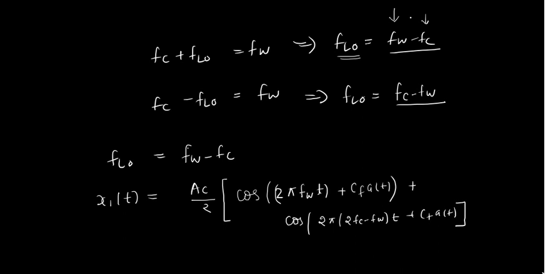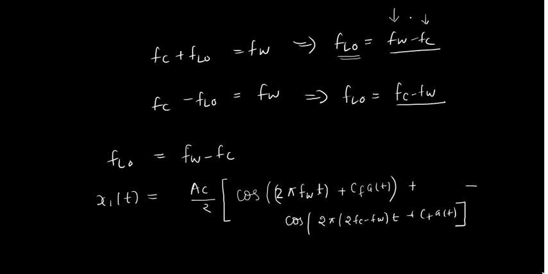So if we put a band pass filter which is centered at frequency Fw, then we will get this signal and this signal will be discarded.